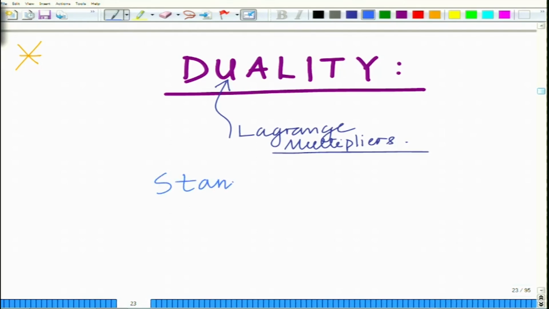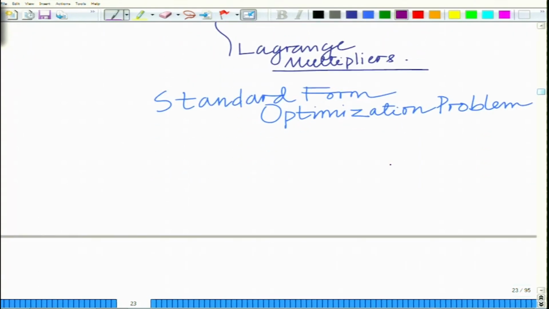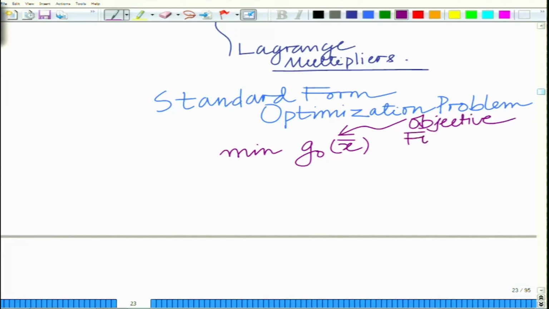Recall, a standard form optimization problem is given as follows: you have the objective function, minimize g naught of x bar, subject to the constraints.